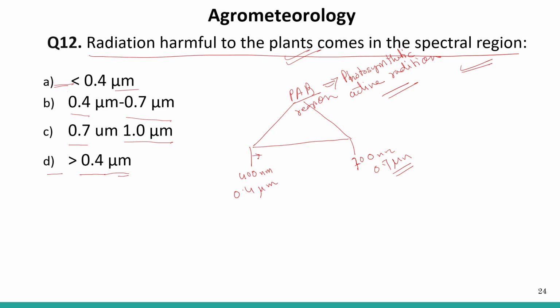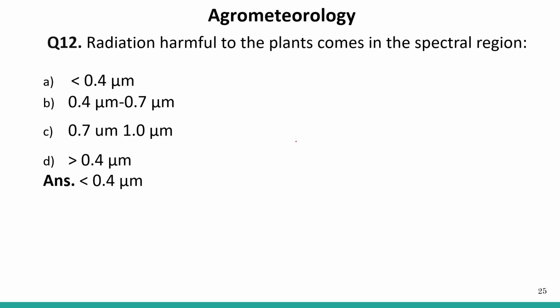So this can't be. We are having ultraviolet radiation here, less than 0.4 micrometer. So that causes harm, that radiation is harmful to the plants. Okay. So the correct answer is this.